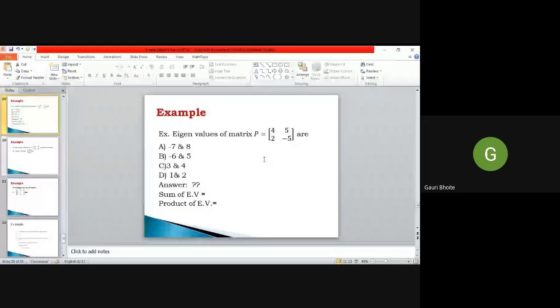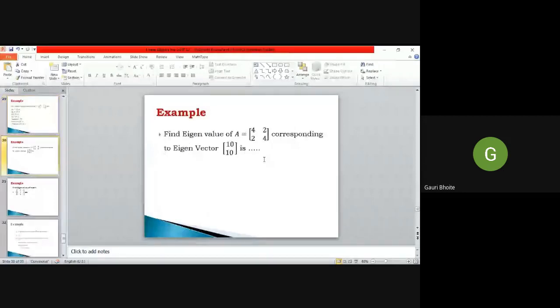Okay, so next is: find the eigenvalue of matrix A, which is 4, 2 in the first row and 2, 4 in the second row, where the corresponding eigenvector is 10, 10. So use the basic definition: find Ax and write Ax in terms of lambda times x.